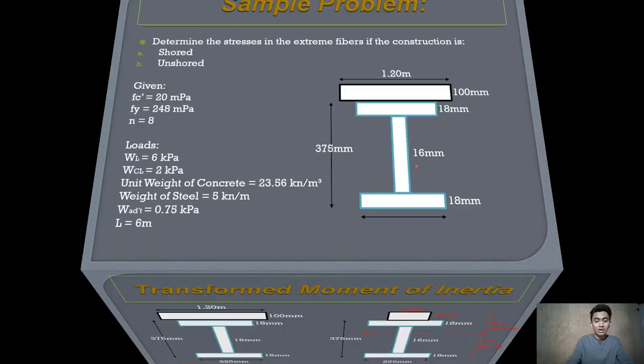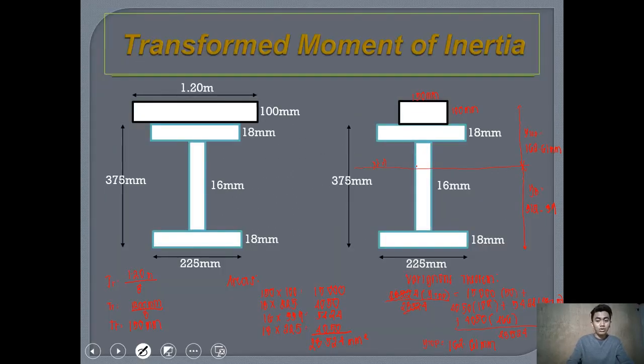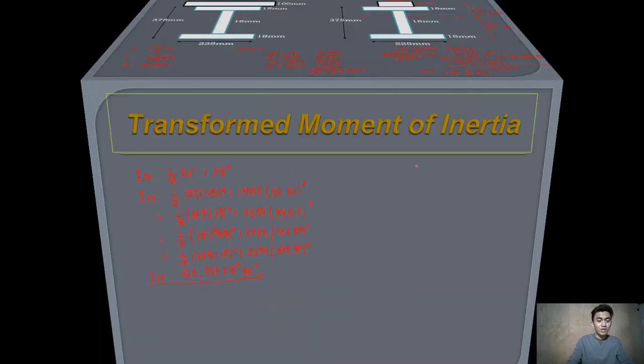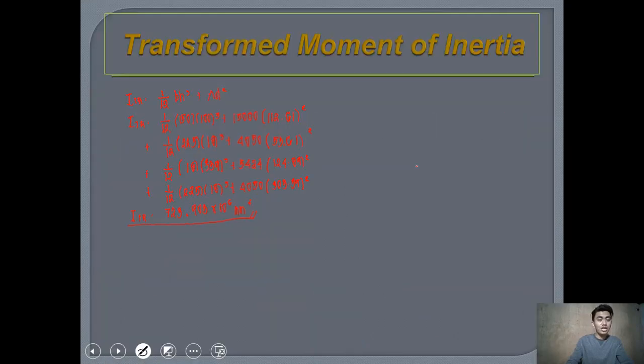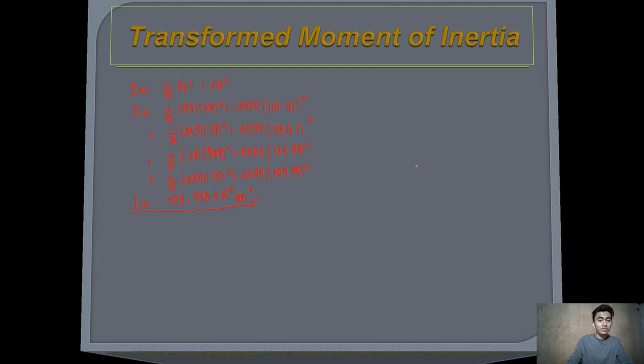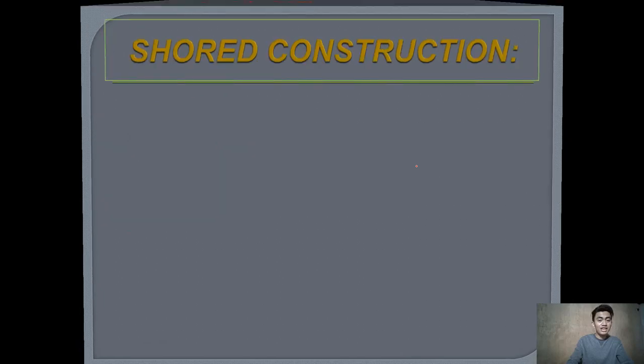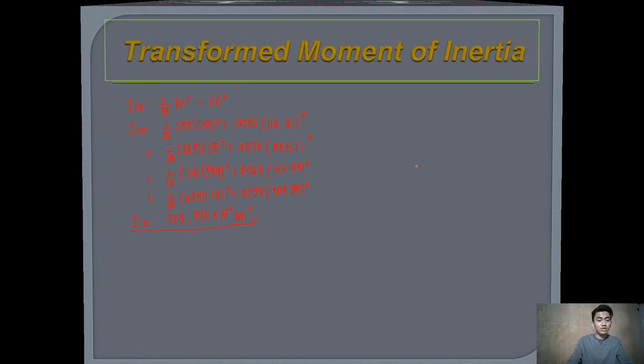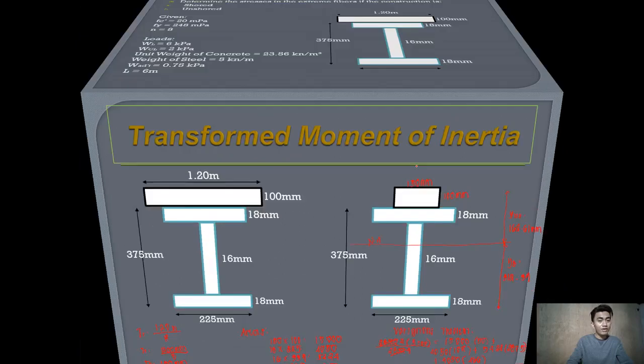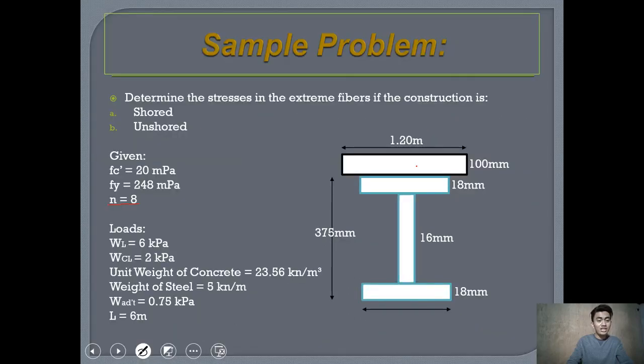Luckily, we did that already a while ago. So we can utilize this one now for our computation for shored construction and unshored construction. However, take a good look at this one. Additional information are given in the problem. We have here your loads.